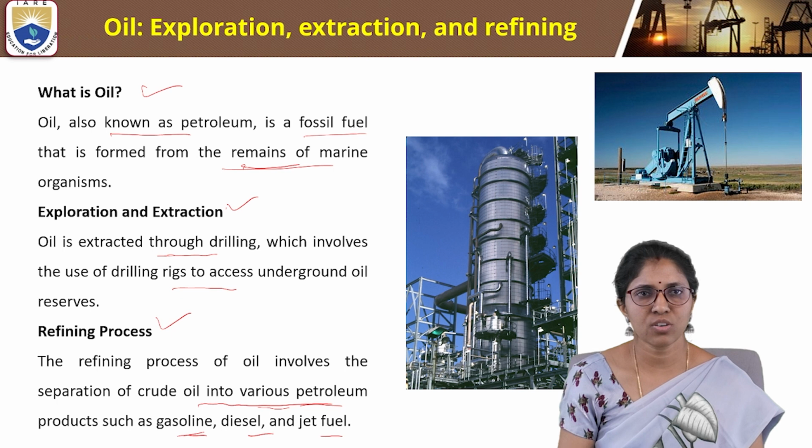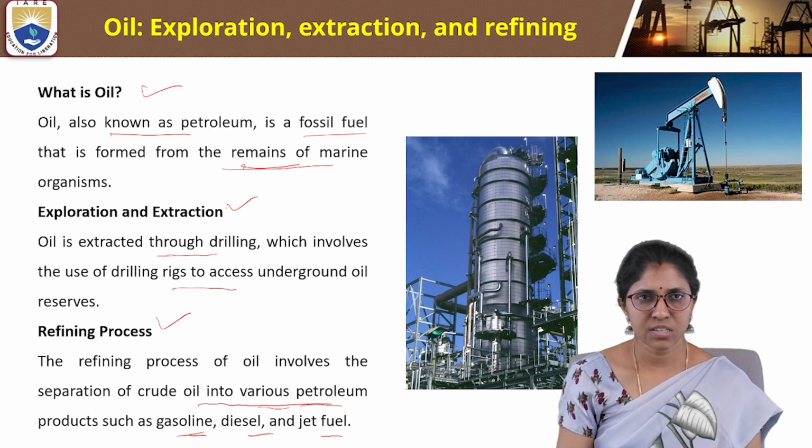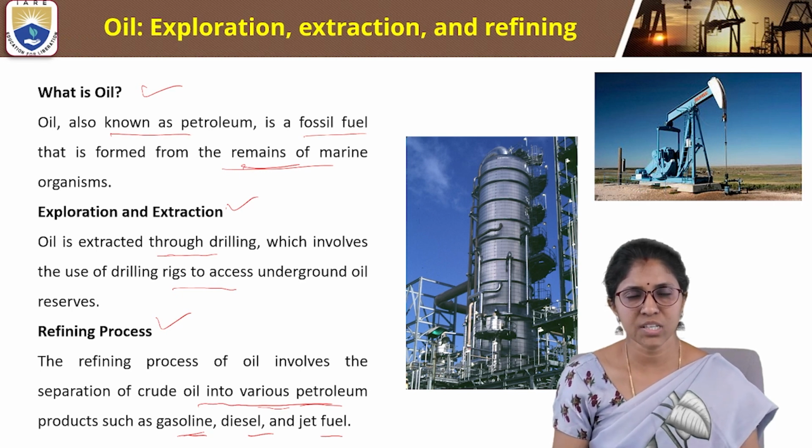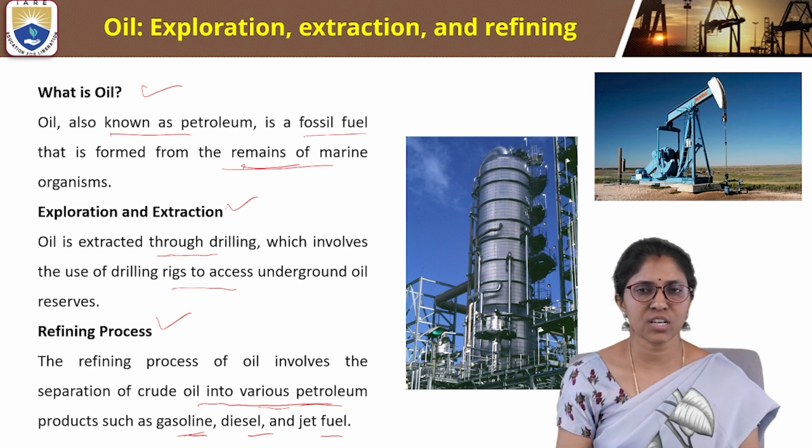This process is called the refining process. So this oil, which is nothing but petroleum, is extracted and refined, and we get fractions such as gasoline, diesel and jet fuel.